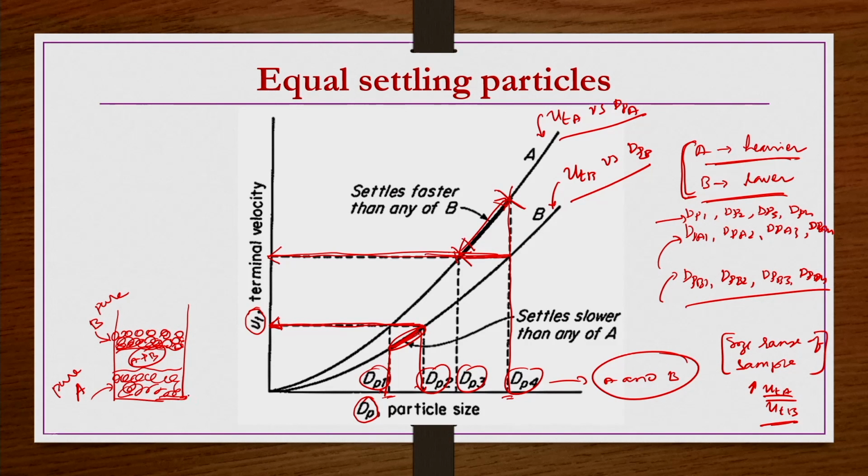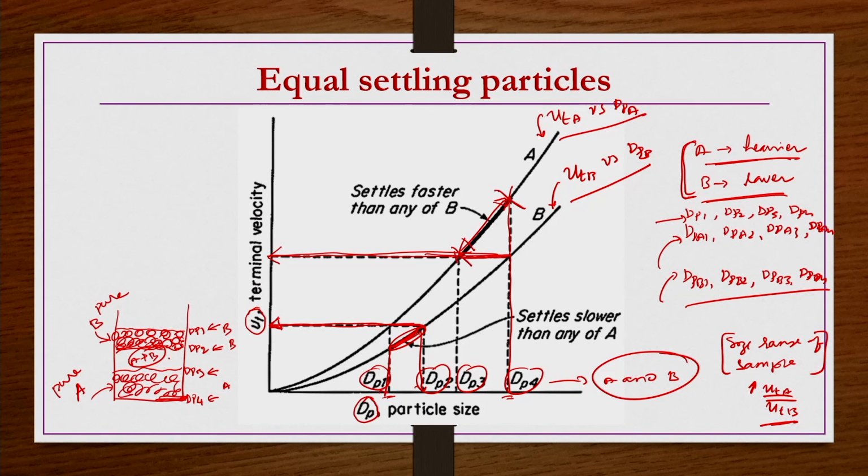Let us say dp4 particles have the largest settling velocity, so they will settle at the bottom, and then dp3 particles, and dp2, and dp1 are the smallest size particles which have the lowest settling velocity, so they will be on top. These two should be B because they are the lighter ones, and these two should be A because they are the heavier ones.